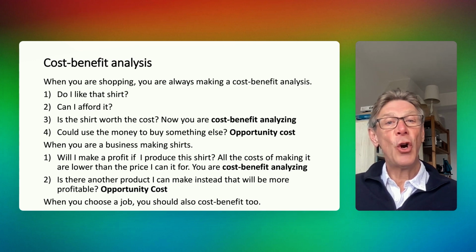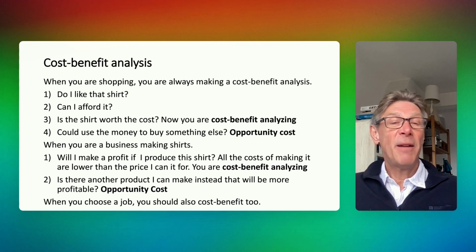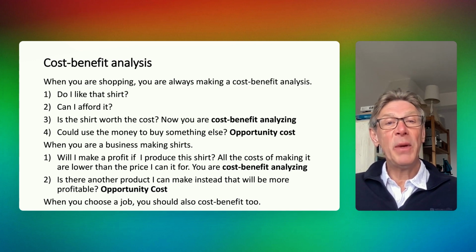When you choose a job, there will be a cost-benefit too. Could I use my time doing a job that paid me more? If you could find another job that paid you better than this job, then maybe you would take that. If you're doing this job, then you cannot do another job. So there is an opportunity cost.